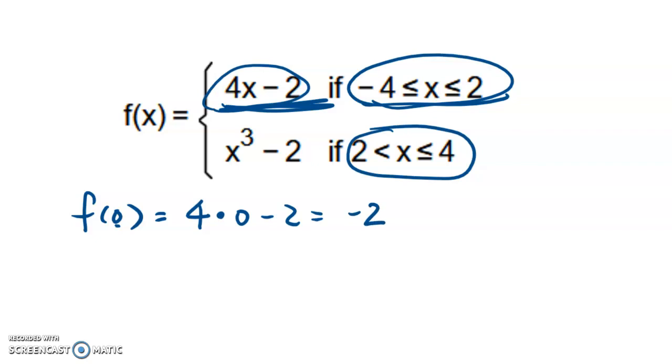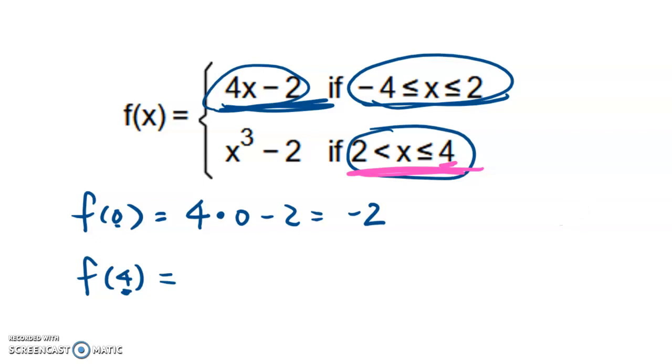Similarly, how do we find, let's say, f of 4 here? Well, for this input, it's in the second part of the domain, right? It's at the bottom part of the domain because it's right here.